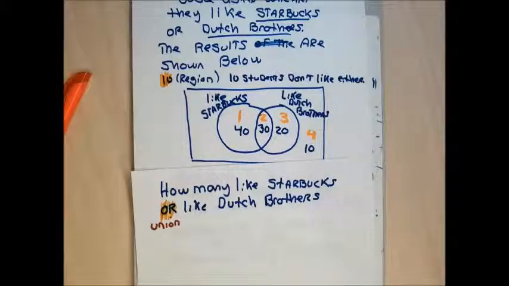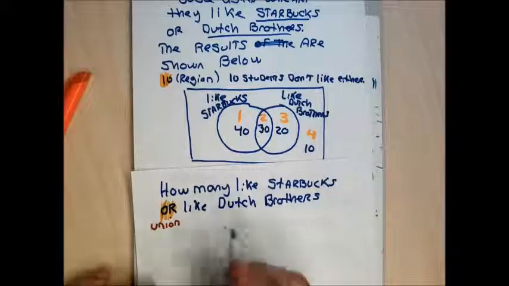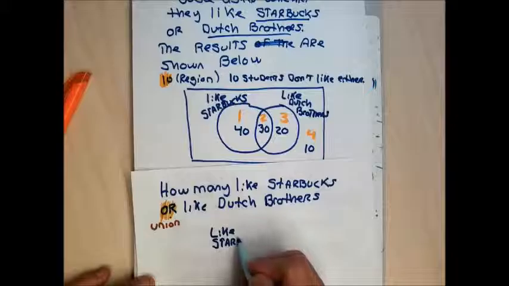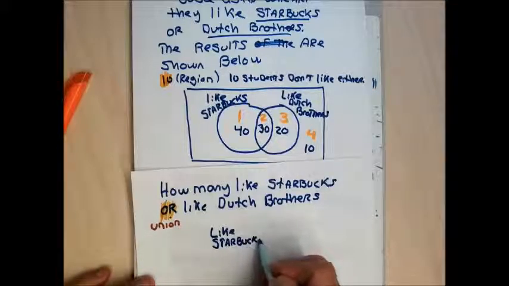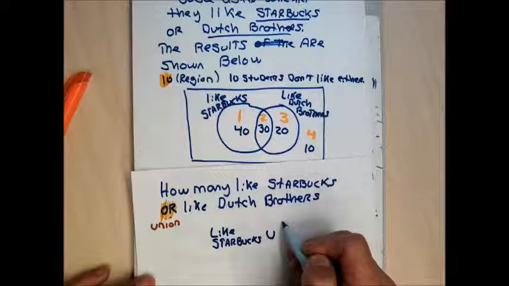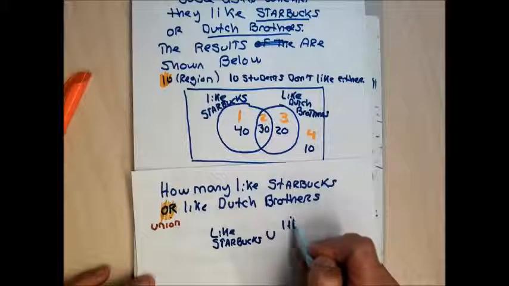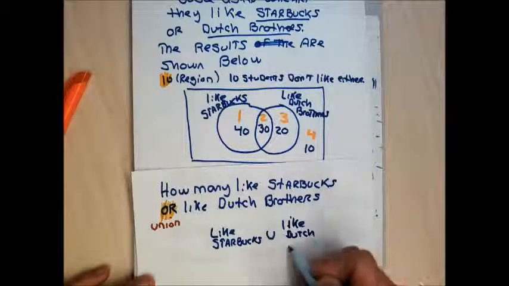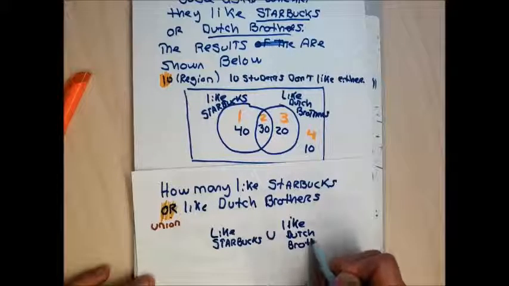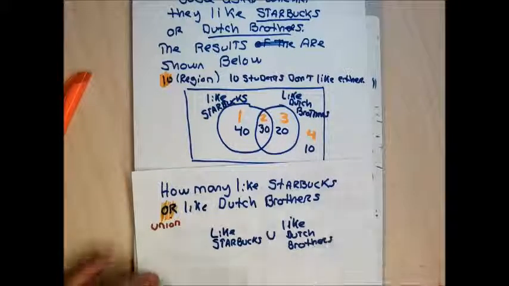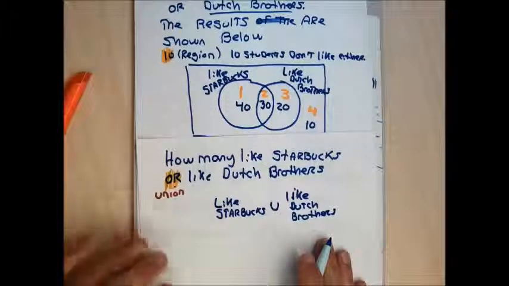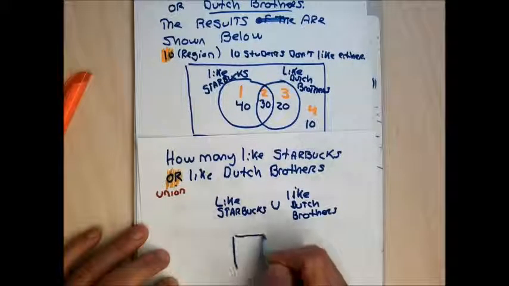So what this is asking me is how many are in the like Starbucks circle union the like Dutch Brothers circle. So or is going to be union, and we know how to make graphs of unions to tell us the areas that are going to represent it.